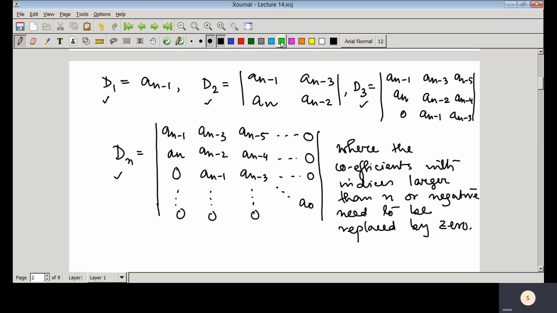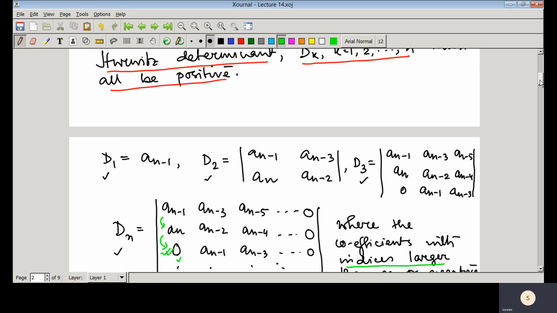Here you can see, suppose this one is n minus 1, then if we add 1, that is an. If we add another one, that is n plus 1. So you can see that for indices larger than n, it would be 0. That's why this is 0. Like that, we can form the Hurwitz determinants, and all the determinants should be positive.